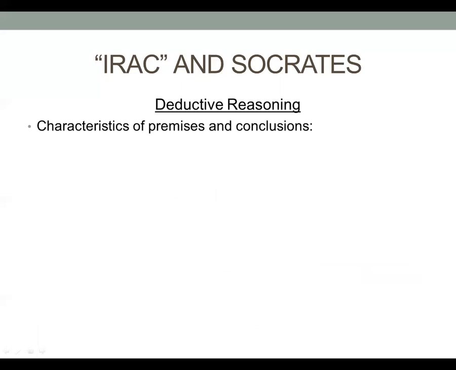Now, let's step back a little bit more and talk about the characteristics of premises and conclusions. In these last examples, the first two statements are premises. You have a general premise and a specific premise that you are comparing to each other, and then you have a conclusion.